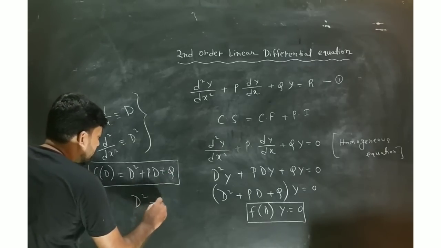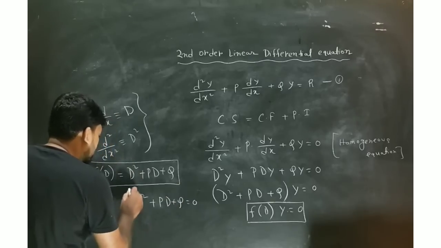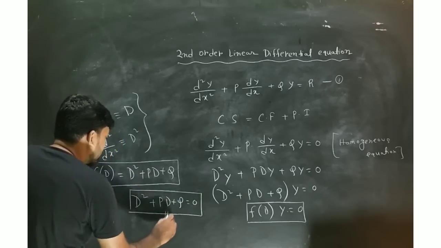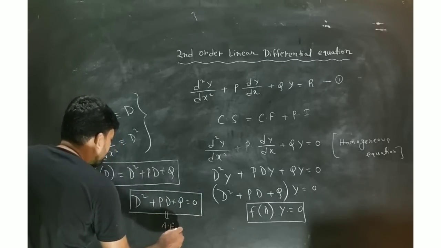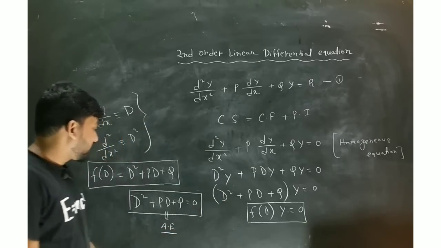That means D square plus pD plus q will also be 0. And this is actually the auxiliary equation of this differential equation.